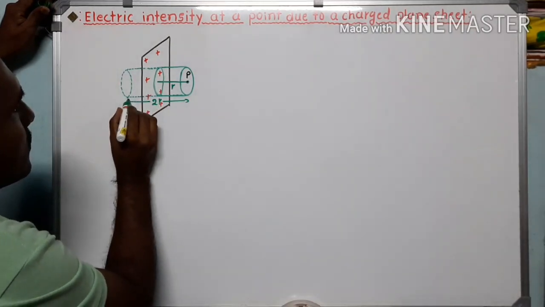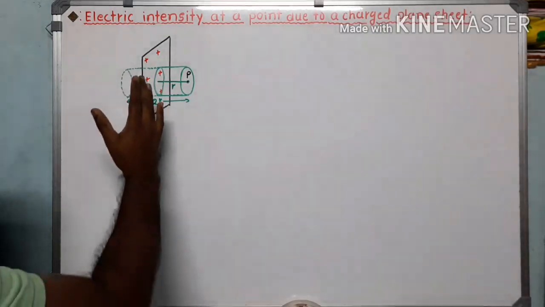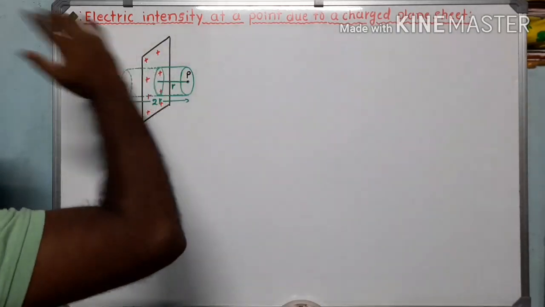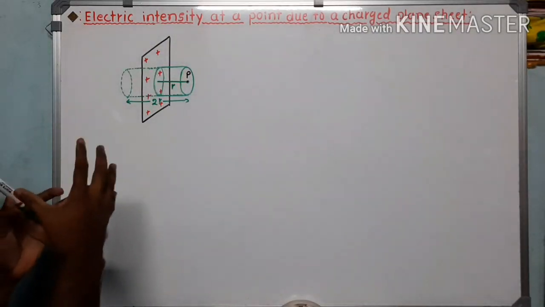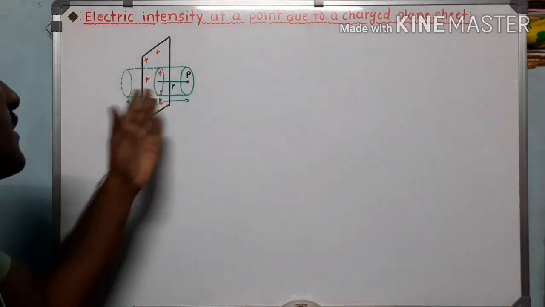What is the length of this Gaussian cylinder? 2r. That is, half of the cylinder is present at the front and the other half is present at the back side. That's why we should apply symmetry. That's why I have considered it like this.